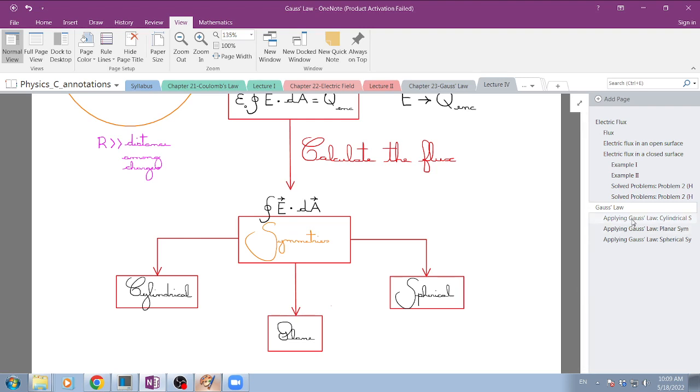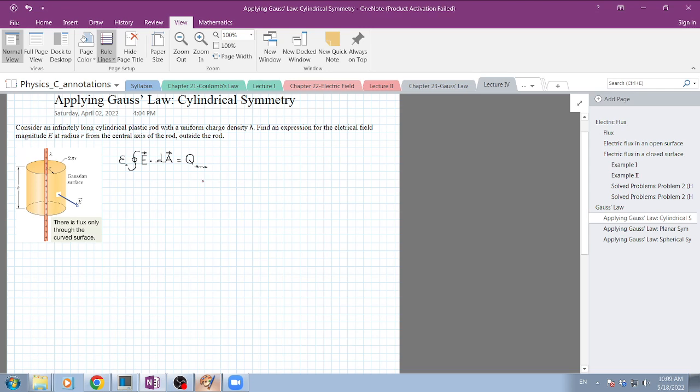Okay, guys, since we don't have much time and I don't think I'm going to be able to solve all of them today, I'm going to solve the first one. I'm going to apply Gauss's law to this particular problem. I'm considering an infinitely long cylindrical plastic rod with a uniform charge density lambda.